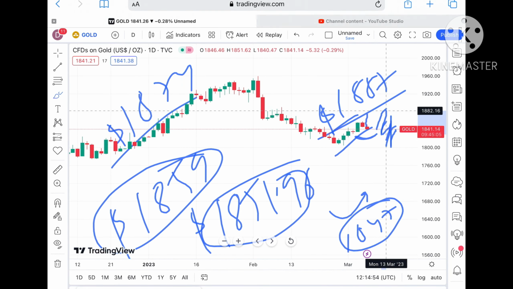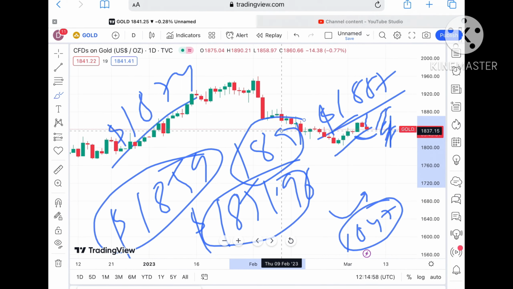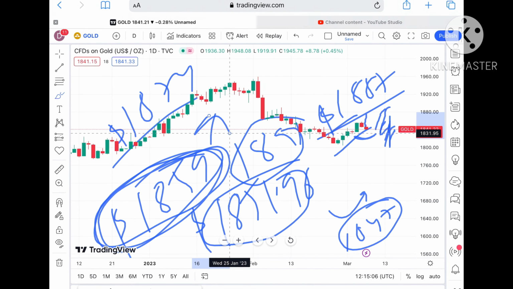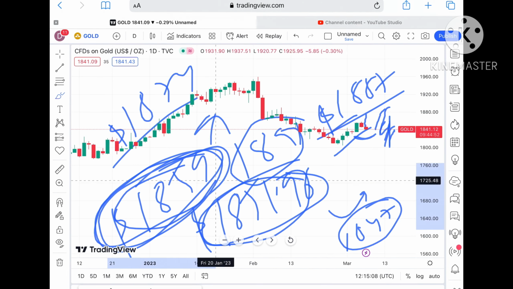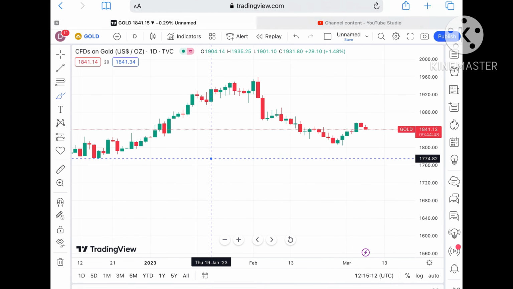Once the price sustains above $1887, then chances of going towards $1891 are there, and then further upside. Most of these levels are weak resistance, so chances are high we can see a further upside movement for gold.